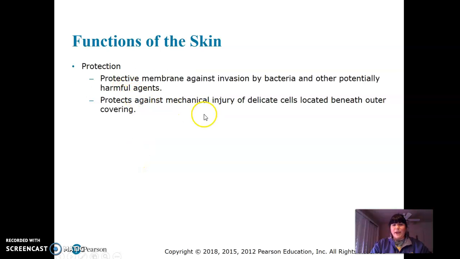So protection, right? Yeah, you have layers and layers of cells that protect you against bacteria, other harmful agents. Think of caustic agents like acids, bases, whatever. Against mechanical injury of delicate cells located beneath the outer coverings.